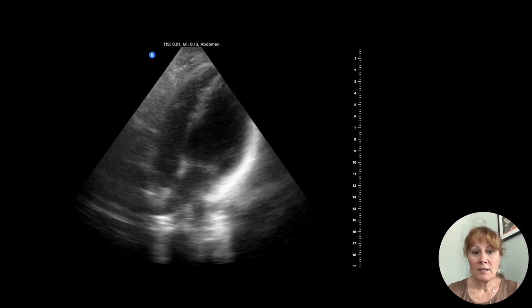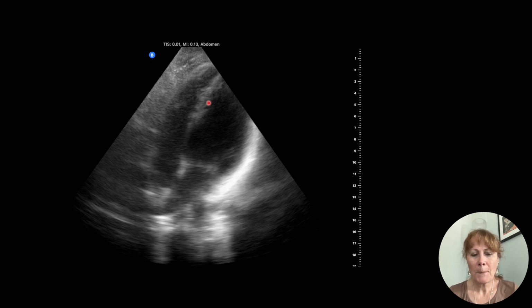So this is a still of your apical 4, and it's nice to look at it in a still. I can tell it's your apical 4 and not your subxiphoid because we see possibly liver there, but the angle is more vertical than the traditional subxiphoid. We usually will see much more of the liver because, again, we're so far away in the subxiphoid.